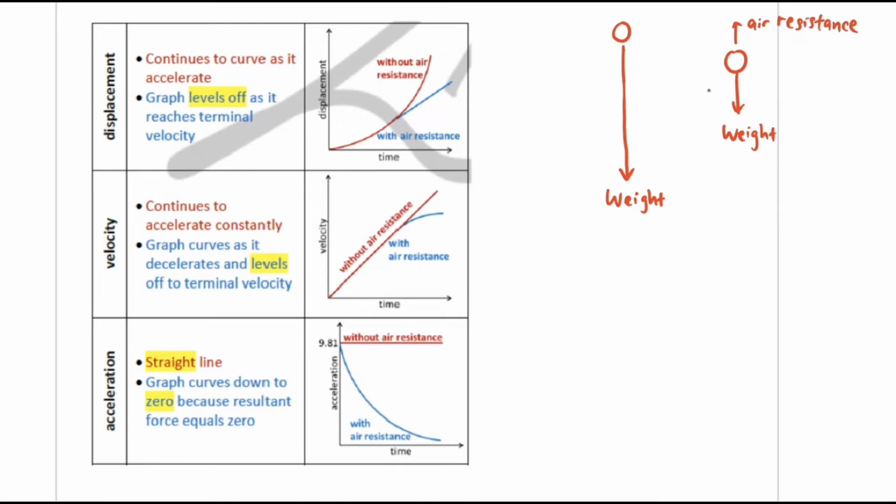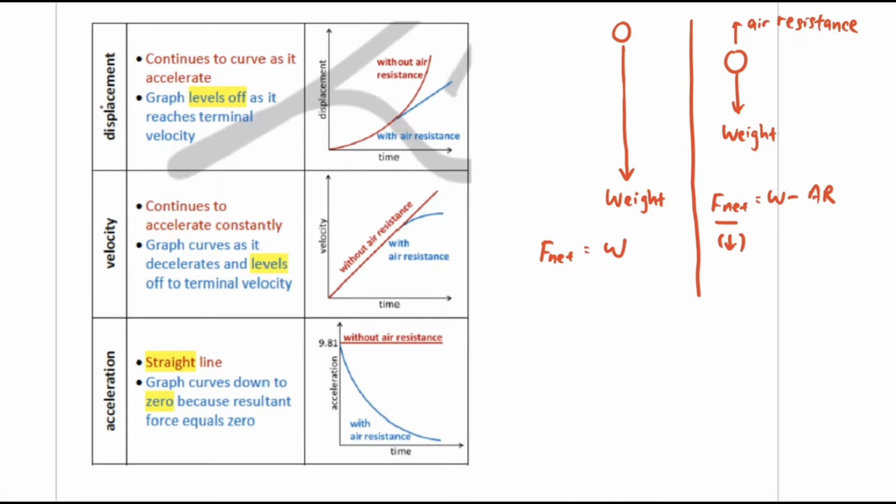So the net force is just equal to W without air resistance, but with it the net force is W minus air resistance. You should expect this to be smaller, because there is air resistance there. This is bigger than this one.